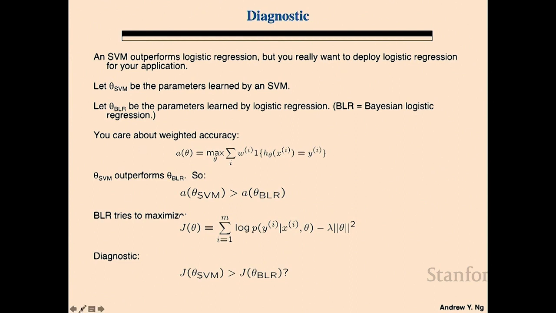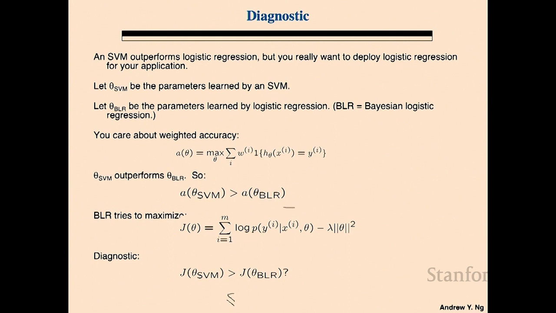So there are two cases: either this is greater, or this is less than or equal to. They're just two possible cases. I'm going to go over case 1 and case 2, corresponding to greater than and less than or equal to, and see what that implies.